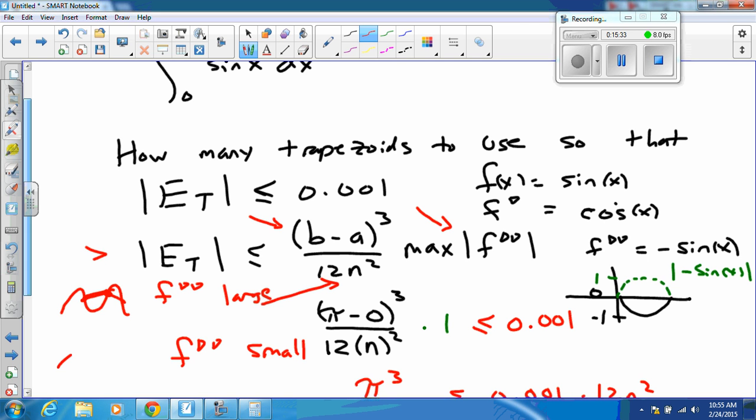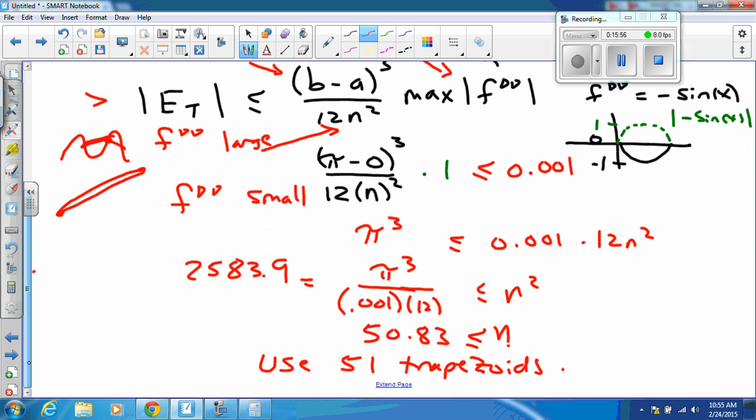But if f double prime is very small, in other words, my curve is not very curvy, but is close to a line, then the trapezoidal approximation is going to be pretty good. And in particular, if my function happens to be linear, so that f double prime is exactly 0, then the trapezoidal approximation will actually be the exact value.